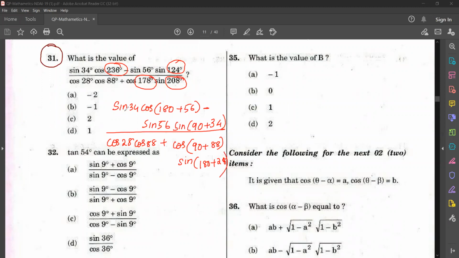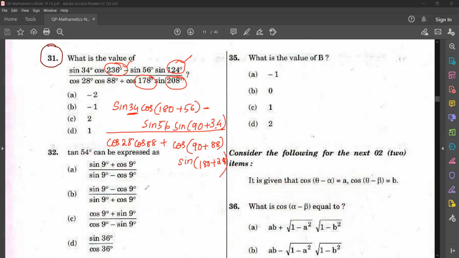So what I did here is I'm just modifying the angles. 34 and 56 I'm keeping as such, modifying 236 and 124. Here I am keeping 28 and 88 as such. I am modifying 178 and 208.